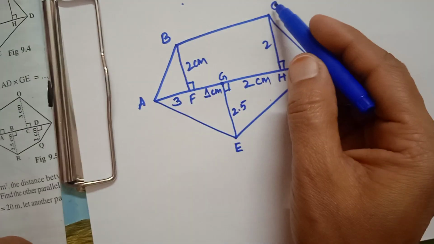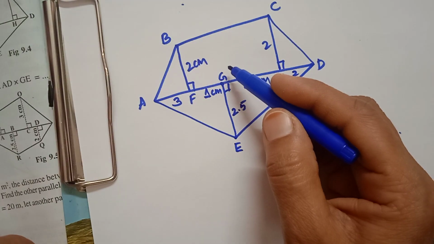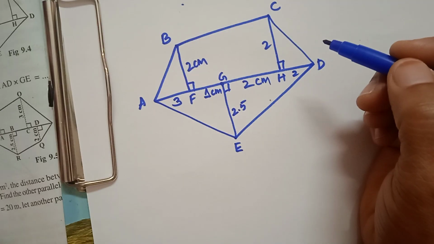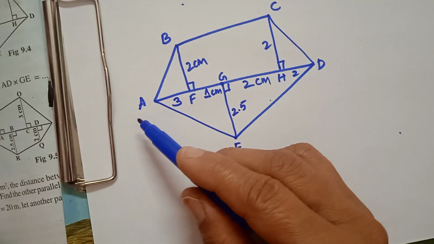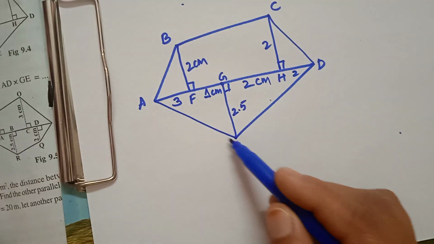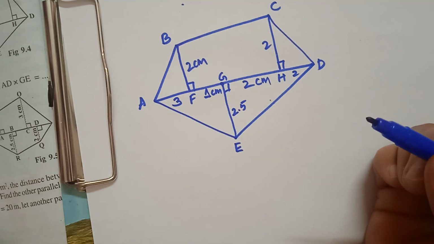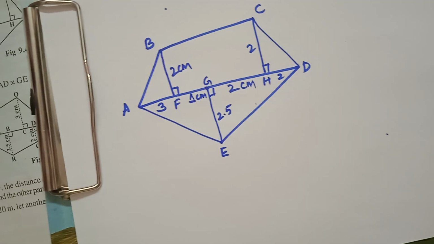Next, BCFH trapezium, and then CHD triangle. Similarly, area of triangle ADE, whole this triangle. So you'll get the total area of the polygon. So let us do, I'll work it out and show you.